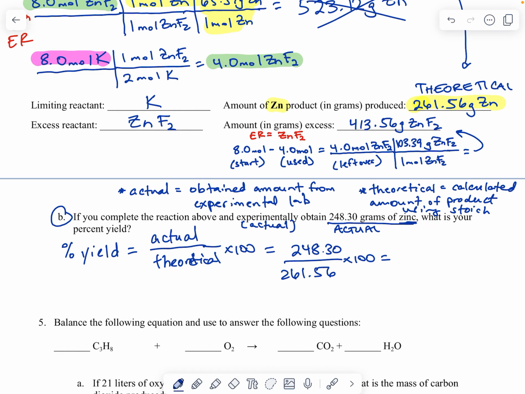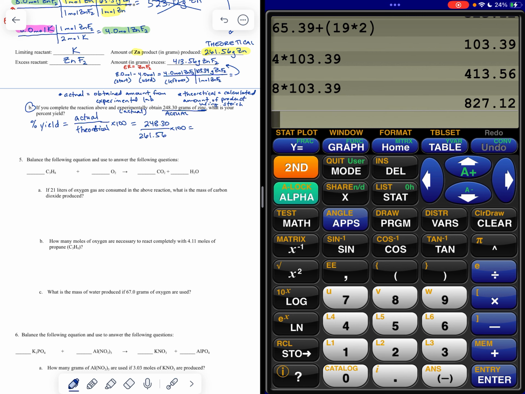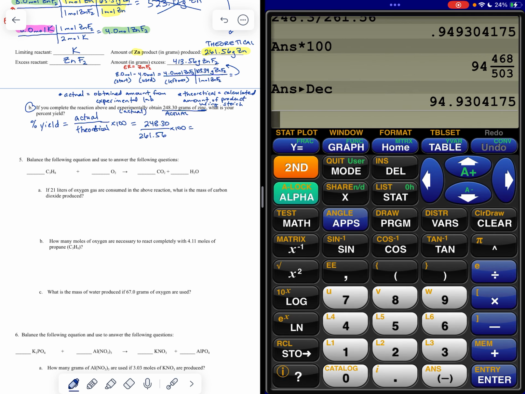I'm going to do that really quick just to make sure I get this correct for all of you. 248.30, leave the 0, divided by 261.56 times 100. And that gives us, math, decimal, that's a whole thing, 94.9 or so.